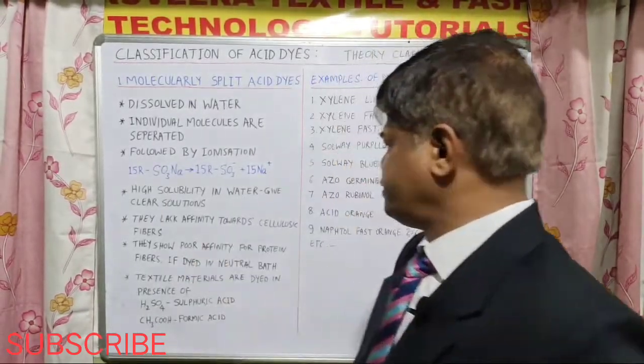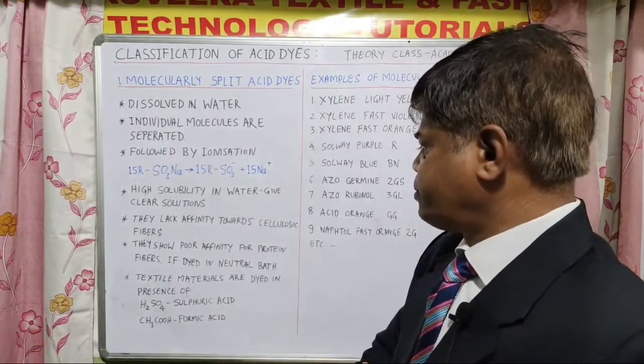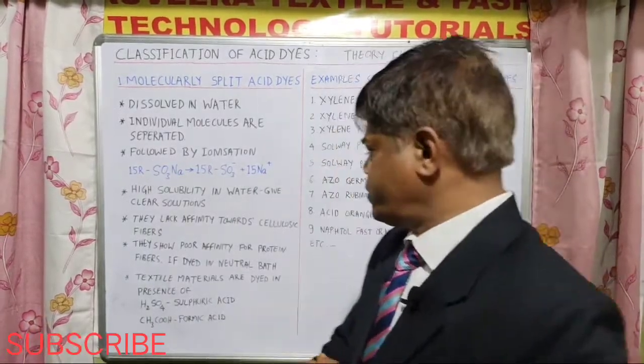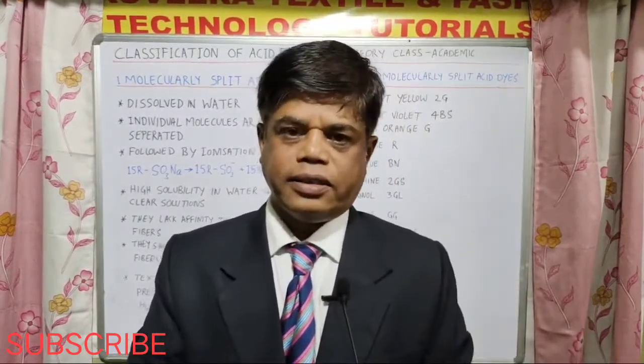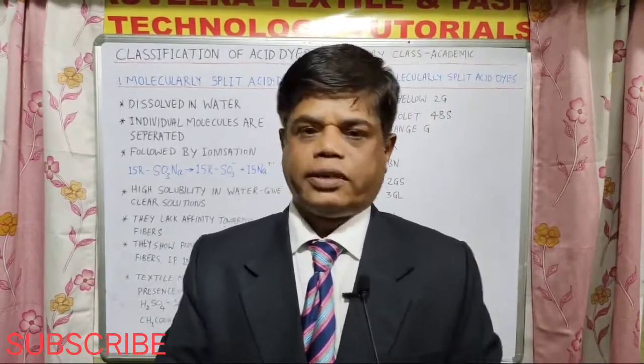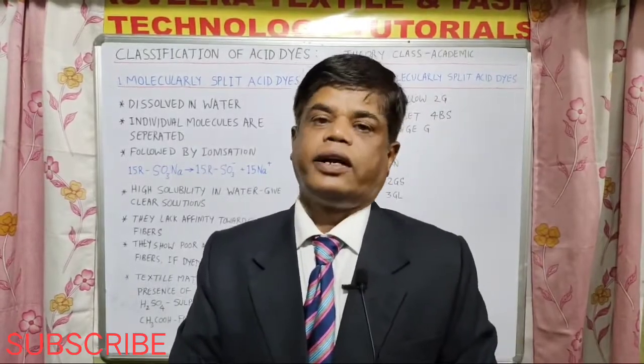Okay, next point here is textile materials are dyed in presence of H2SO4, CH3COOH. So to increase the affinity of acid dyes with the textile fibers, molecules or polymers, what is required? I told, reagents are required, activators are required. So what they will add?